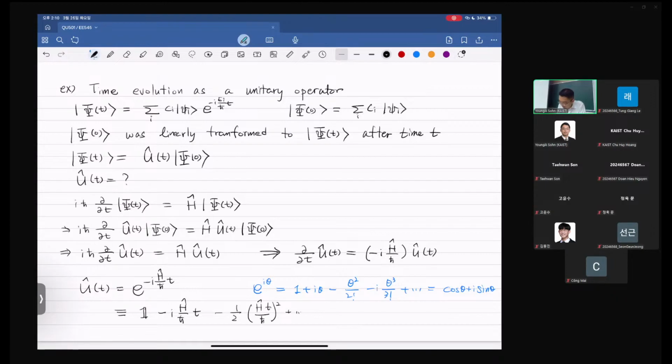These terms you can continue, and it's clear what they mean: it's a polynomial expansion of the operator, and operator squared means applying the operator twice. So in this expansion it's clear what it means. It's the definition of the exponentiation of an operator. And this is the unitary time evolution operator.